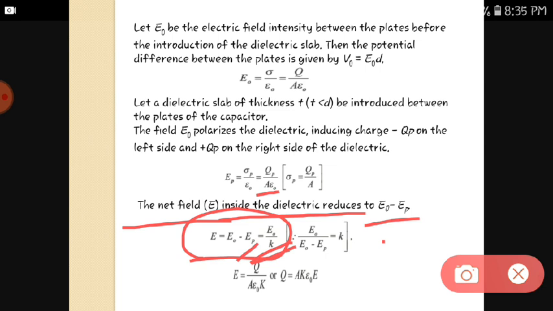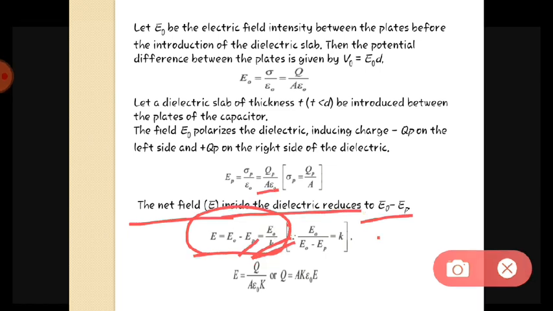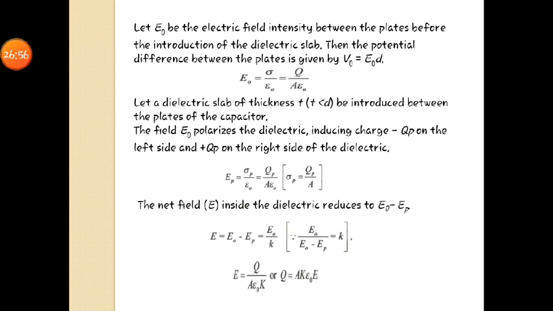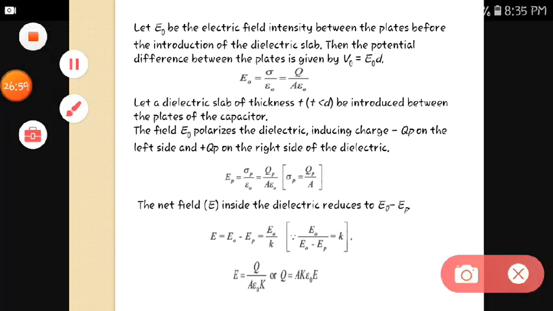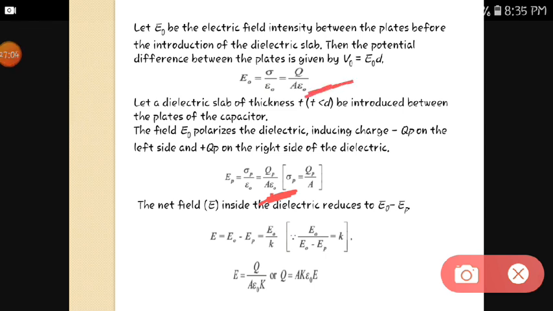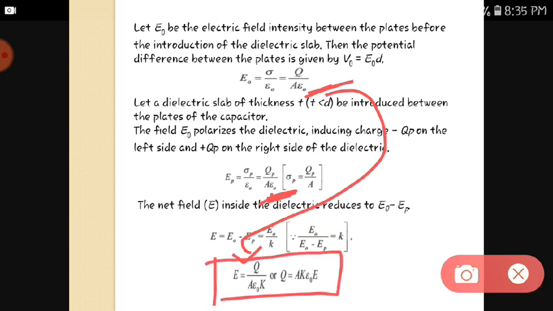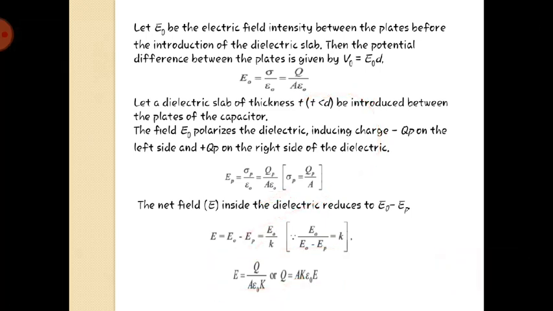So here you get E0 by K. What is E0? We have derived it. We put this formula in this equation, so we get E is equal to Q divided by A epsilon 0 K. By shuffling, we get the value for Q, which is A K epsilon 0 into E. Okay, is it clear? Yes.